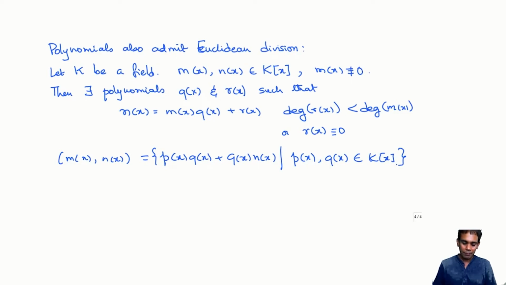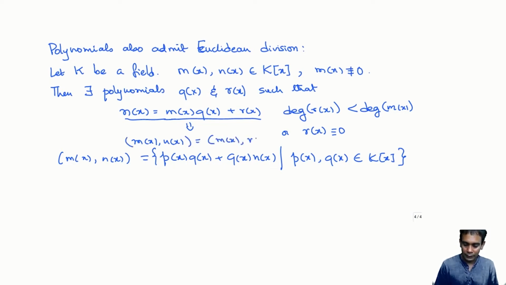And we have the same lemma: if you have this equation that n(x) is m(x)q(x) plus r(x), then this would imply that the ideal generated by m(x) and n(x) is the same as the ideal generated by m(x) and r(x). So let's do an example here of the same kind.